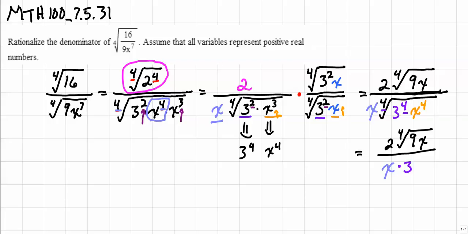And then I do the same thing with this part, the fourth root with an index of 4 and an exponent of x to the 4th is simply x. Not quite done because I just need to tidy up. And this is going to be 2 times the 4th root of 9x all over 3x squared.